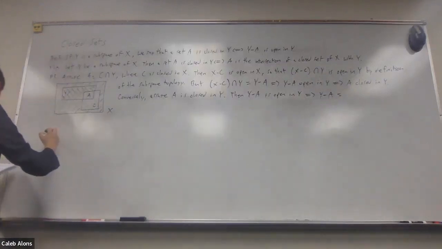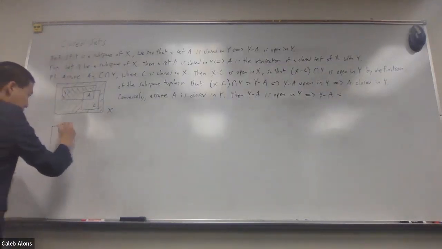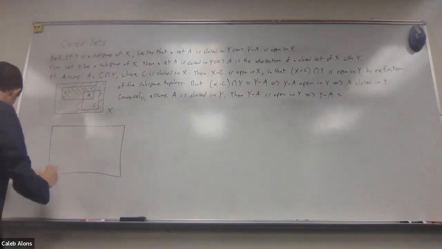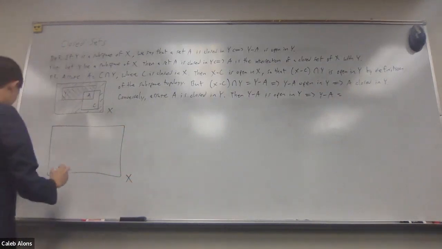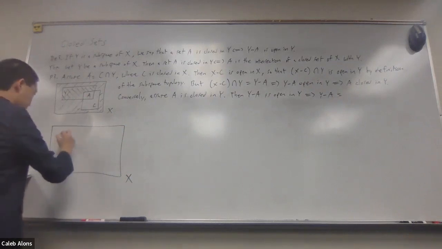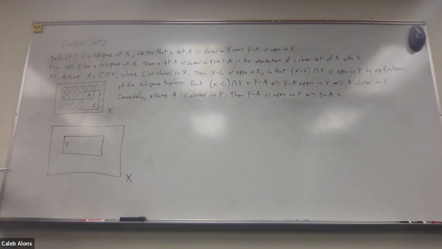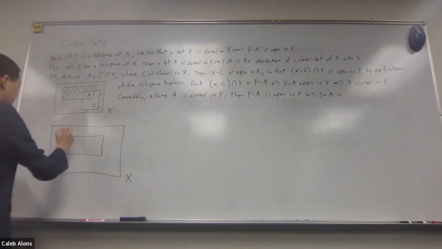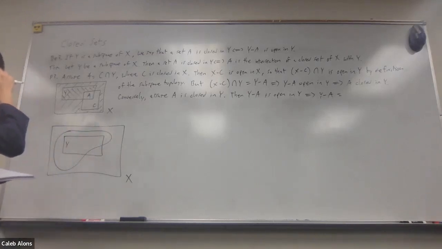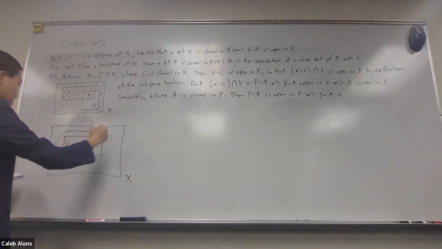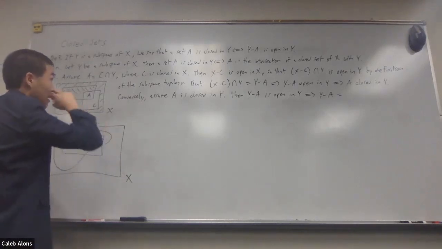If I've got some topological space X, and then another subspace of X, Y, now I'm going to have an open set U of the topological space here.